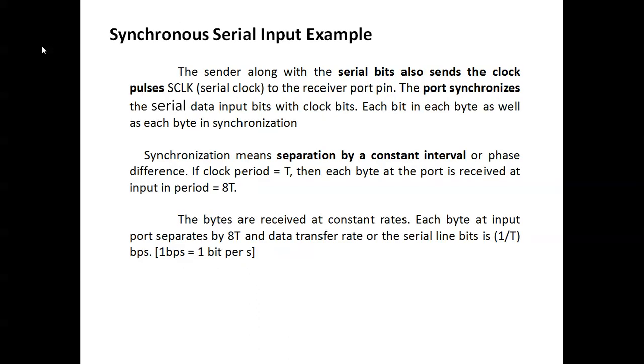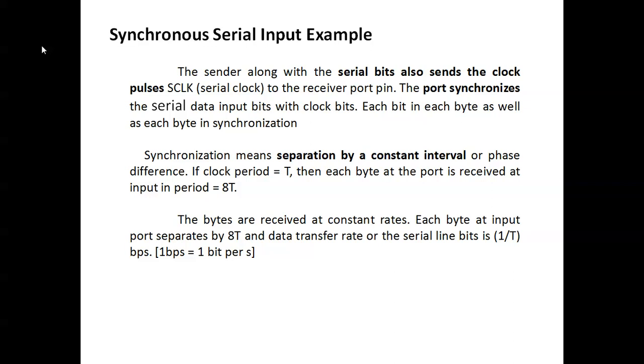So now we are going to see what is synchronous serial input. Serial bits are also sent with a clock pulse. What is synchronous and asynchronous? Synchronous means a clock pulse is connected. The clock plays a major role in a synchronous circuit.